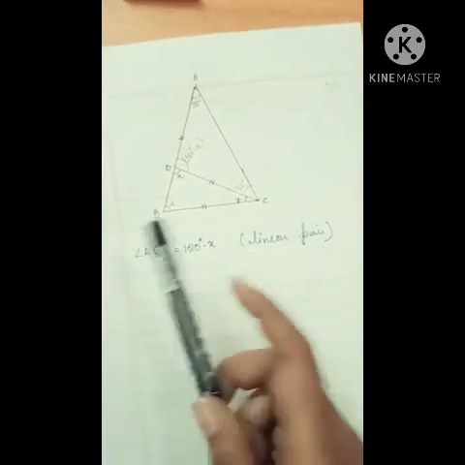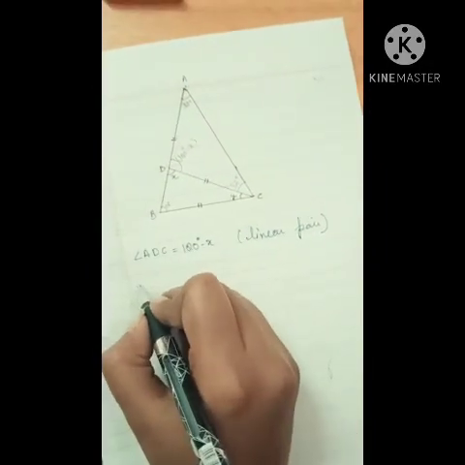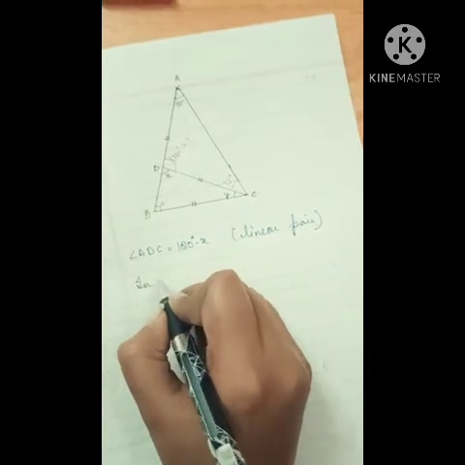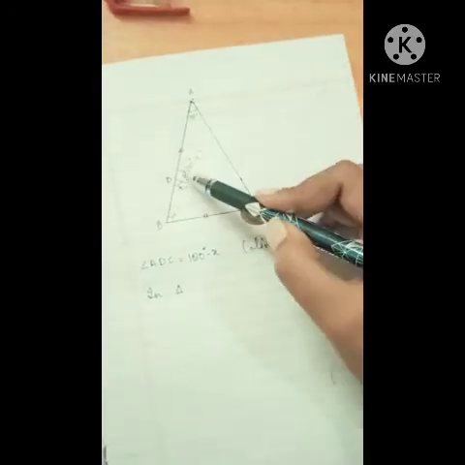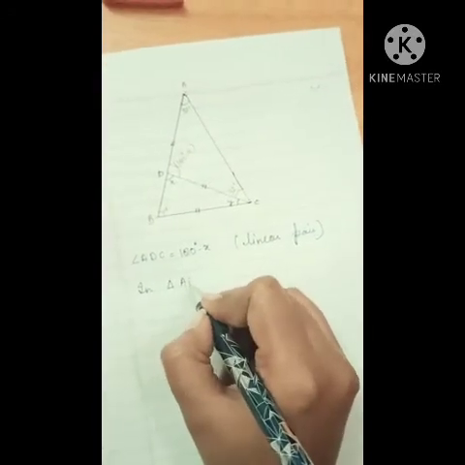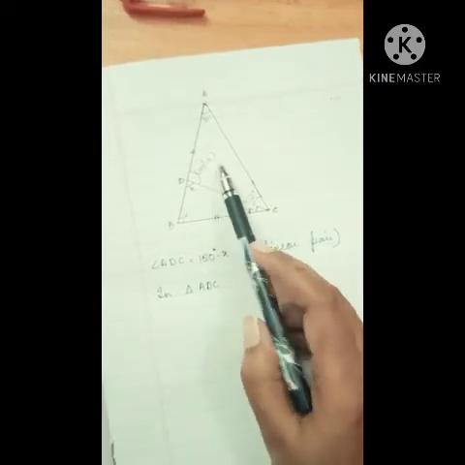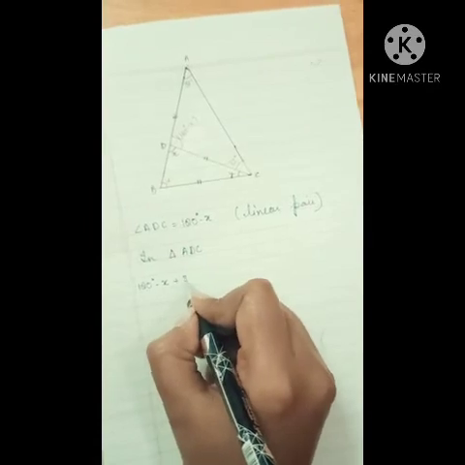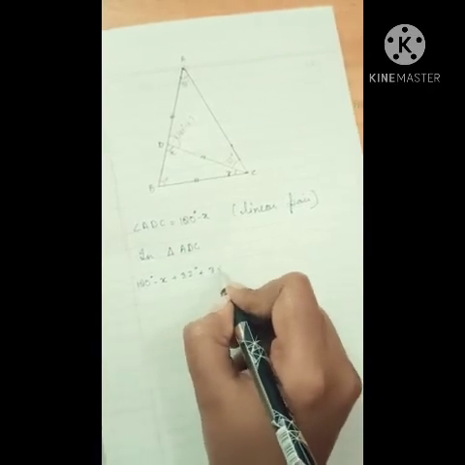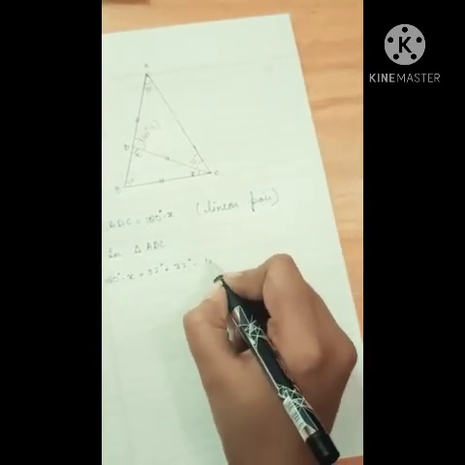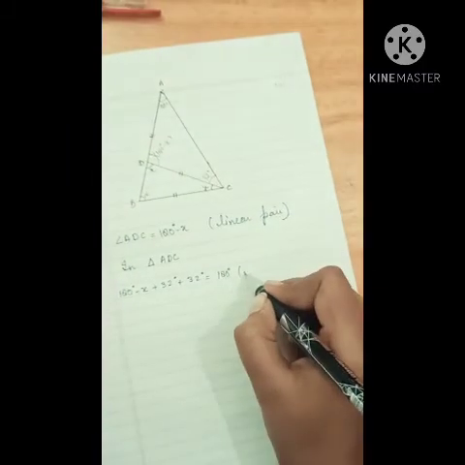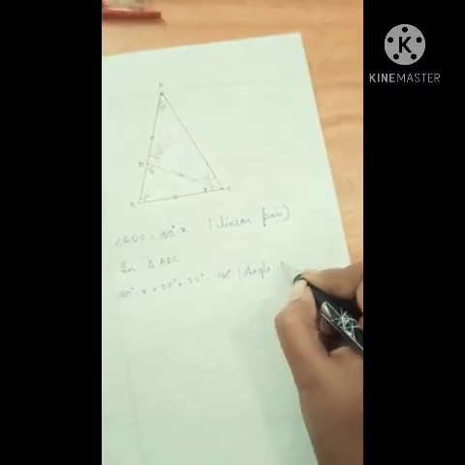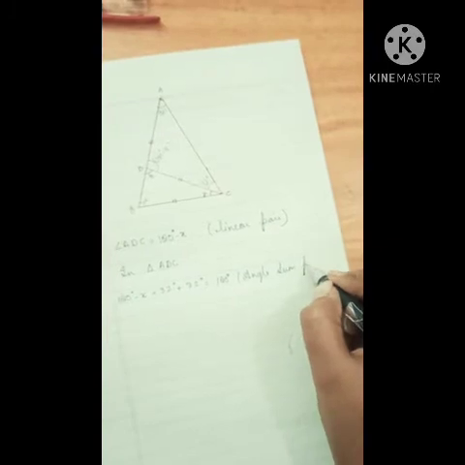Okay, so in triangle ADC, 180 degree minus x plus 32 degree plus 32 degree is equal to 180 degree. Angle sum property.